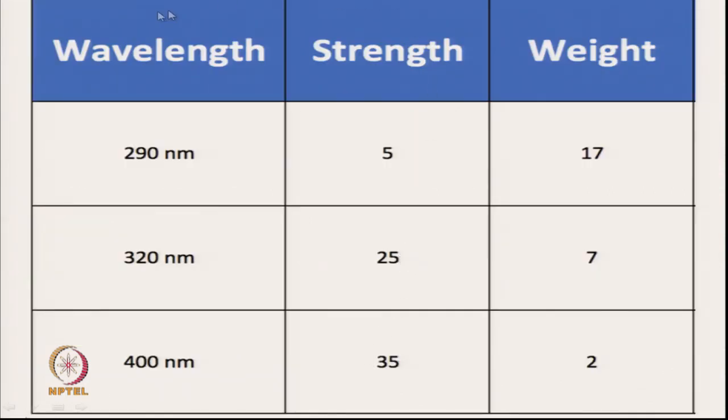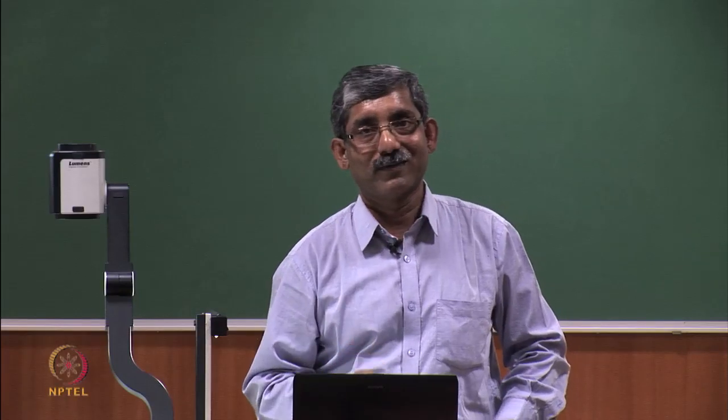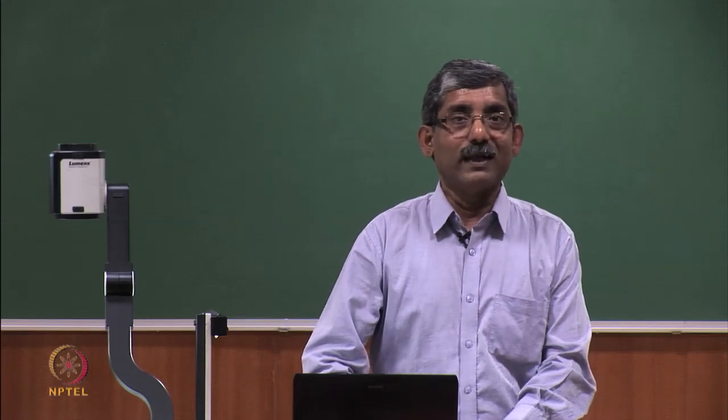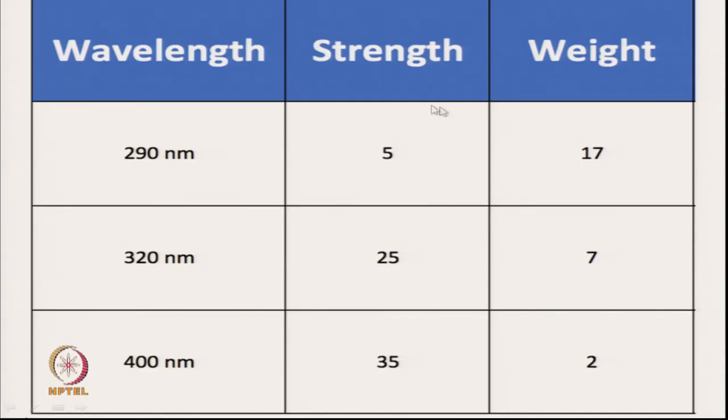Now, with the strength, another parameter is the weight parameter. Here we see the weight value is just reversed to that of the strength value. The weight indicates the effective impact on the human body. The short wavelength, although the quantity of ray coming to the earth is less, its effect on the human body, its impact, is very high.